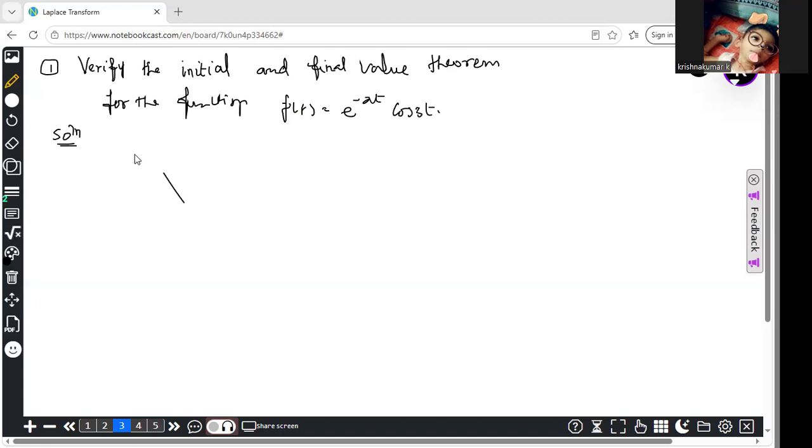Here the given function is f of t is equal to e power minus 2t cos 3t. So for the initial value theorem and the final value theorem, you just look at that statement.